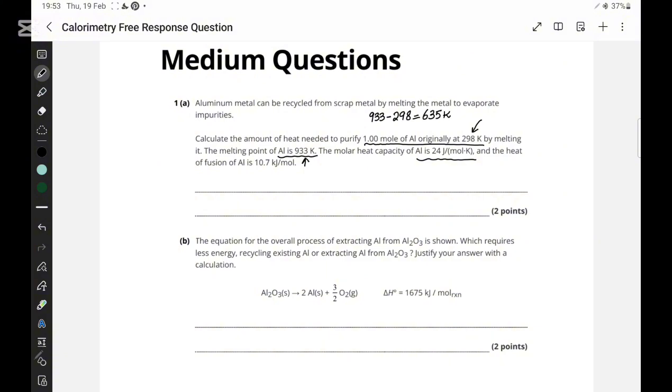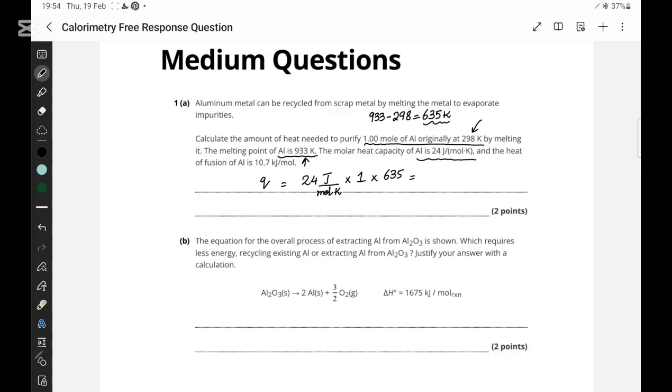Our first step is to find the heat needed to raise the temperature of aluminium to 933 Kelvin. How are we going to do that? We multiply the molar heat capacity, 24 joules per mole per Kelvin, by the number of moles, which is 1 mole, and then by the temperature change, 635.